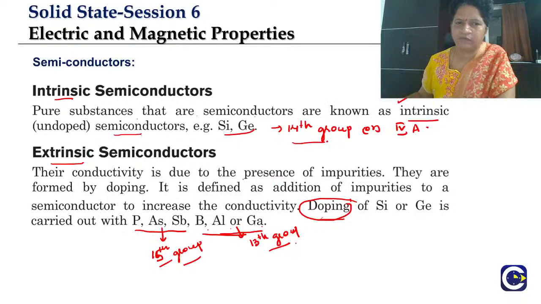If we add some impurity, we call it doping, and those we call extrinsic conductors.